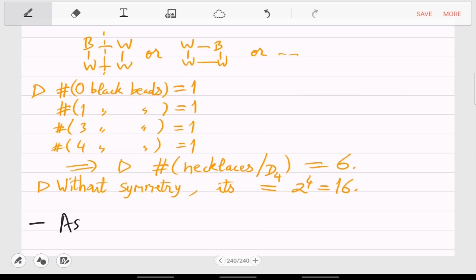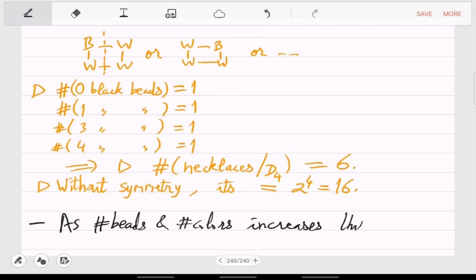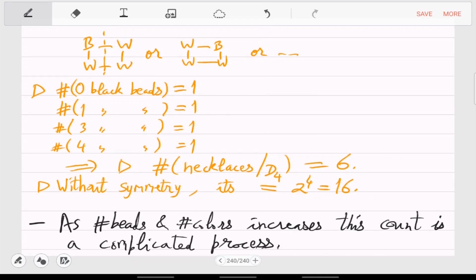So as the number of beads and the number of colors increases, this count is a complicated process. So that was supposed to be the last topic, but we'll skip it.